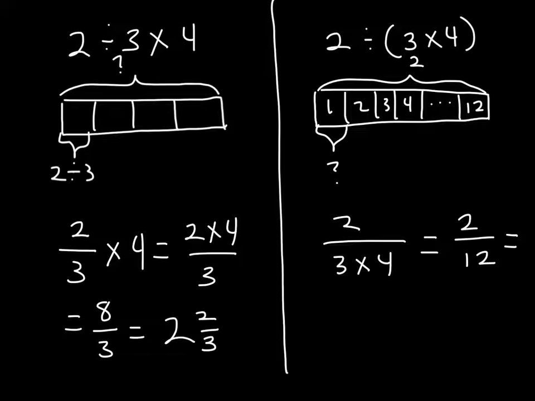And that's our fraction for this one part here, but we have to put it in simplest form before we're finished. And I know that 2 will go into both 2 and 12, so the answer in simplest form is 1/6. So you can see that even though these two expressions had the same numbers in the same order, the same operation symbols, since those parentheses changed the order that we did things, our answers were quite different.